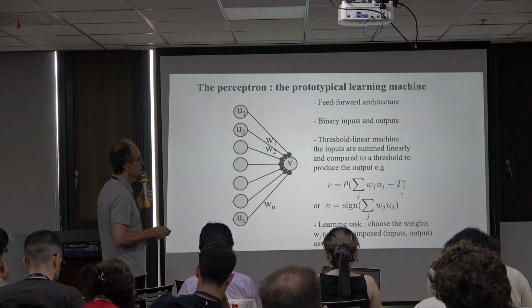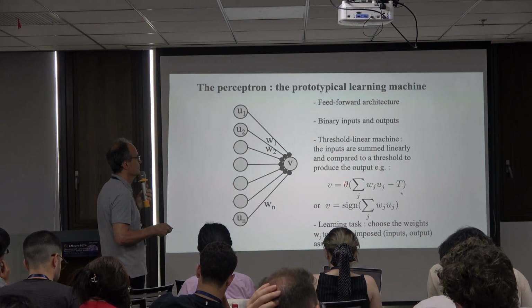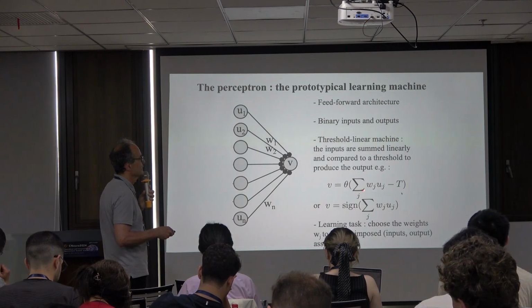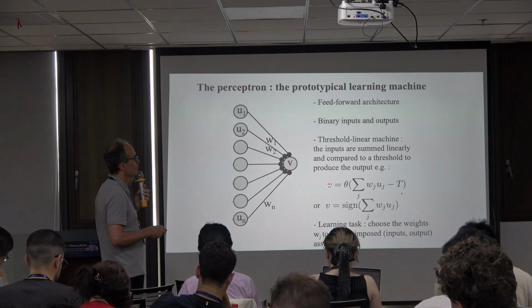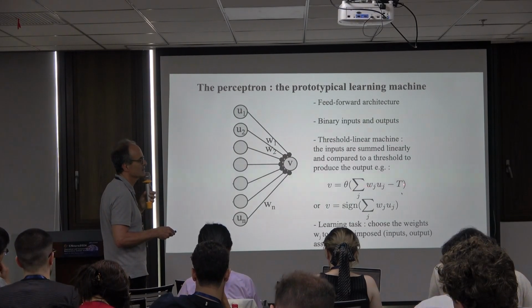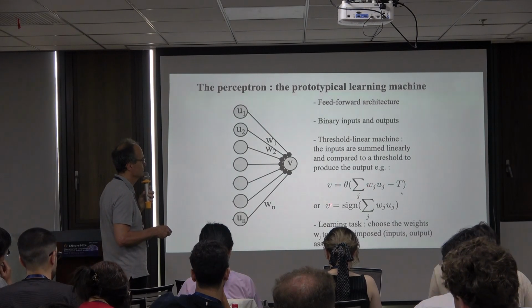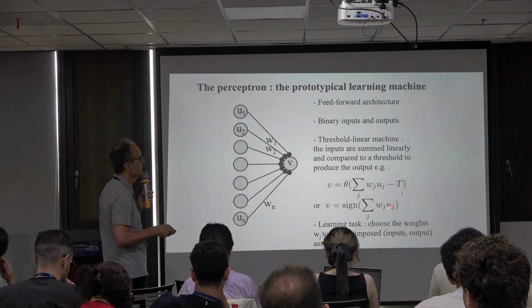With the threshold function, if the activity is above the threshold, it would be a 1, if it's below threshold, it is 0, or in machine learning you can use the sign, plus or minus 1, depending on the threshold.